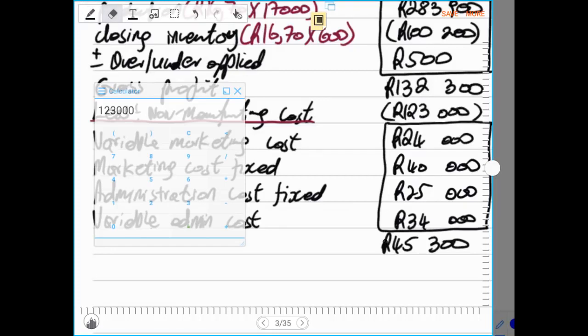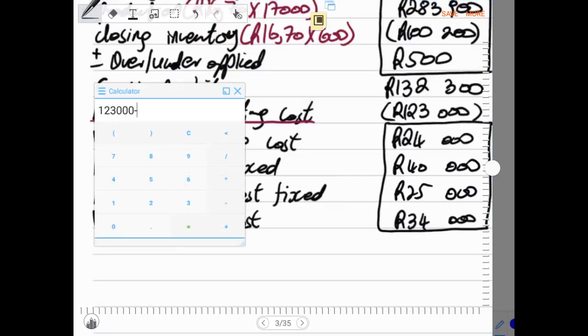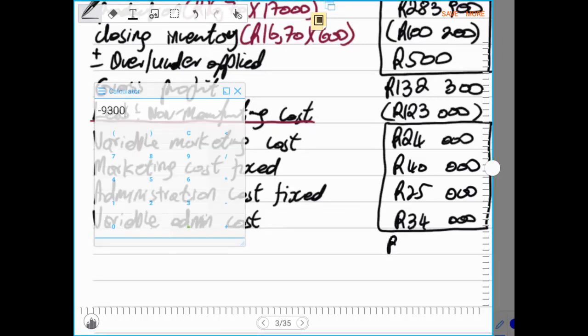123,000 rands. Then that changes our profit at the end. Then that will be minus 132,300, and this will be a total of 9,300. Then that looks better, correct. 9,300 rands.